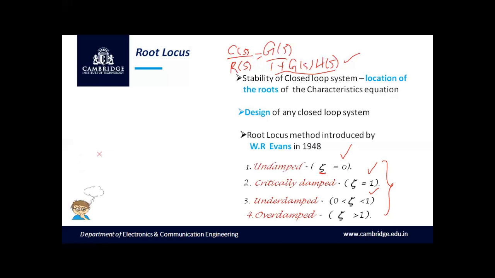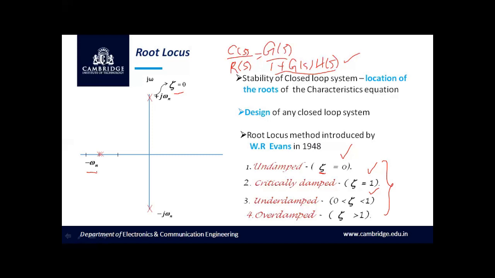Let us recall once again, when zeta equals 0, we have obtained two roots on the imaginary axis, that is plus j omega n and minus j omega n. And when zeta equals 1, we have obtained two roots which are real and identical, that is minus omega n on the negative real axis.